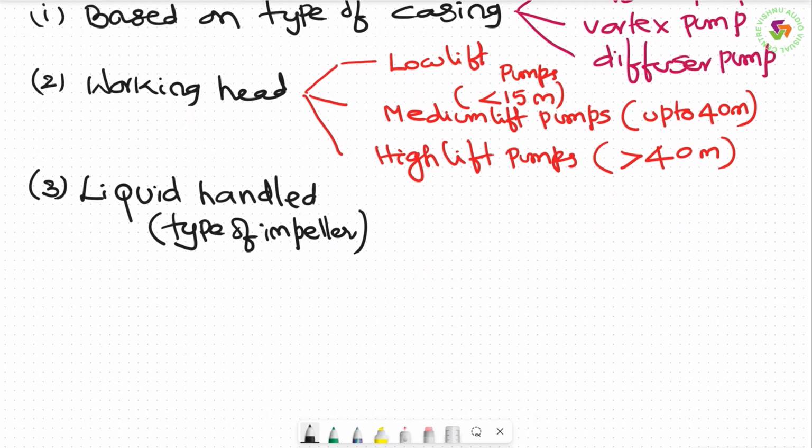When the hydraulic energy is given, the runner starts rotating. Whereas in the centrifugal pump, mechanical energy is given to the impeller, which is already rotating. The liquid which comes in contact with the impeller is rotated and forced to go to higher heights. That is the principle I mentioned.